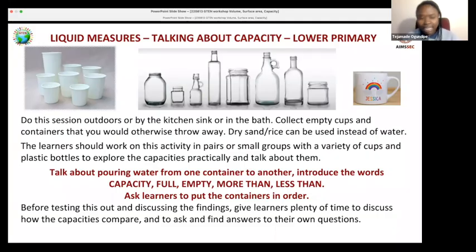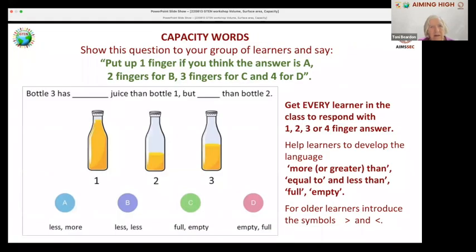Before testing this out and discussing the findings, give learners plenty of time to discuss how the capacities compare and to ask and find answers to their own questions. So that is very important. And they're learning the vocabulary.